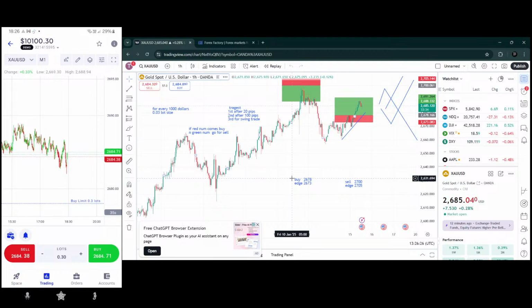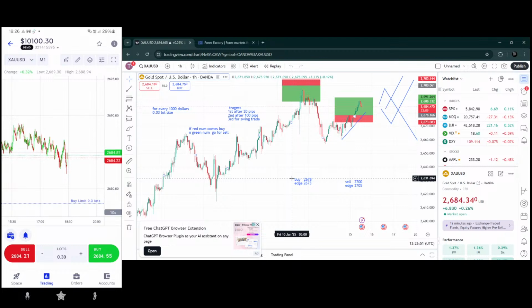4 minutes left, and the market is moving very fast. We'll see what happens in 4 minutes. We can put a trade even right now, like on 82, 80.